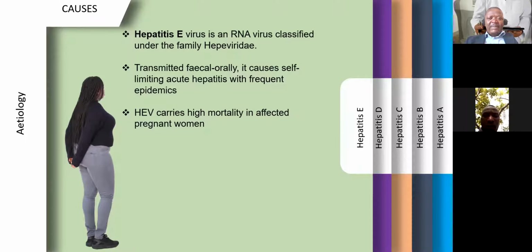So A and E are fecal-oral transmitted, okay? Whereas B, C, and D are by blood and blood products, okay? Most of it occurs in a self-limiting nature with frequent epidemics. Hepatitis E carries high mortality in pregnant women. That is very important to note.